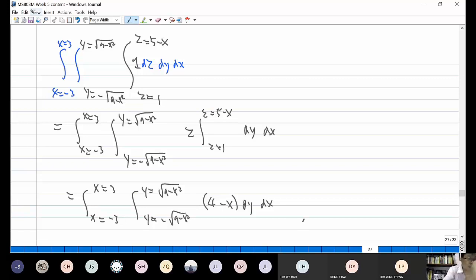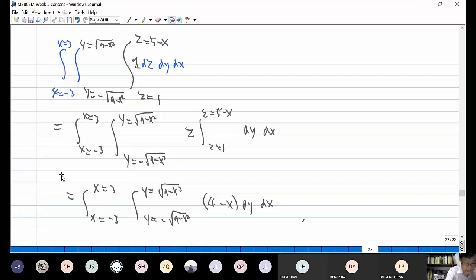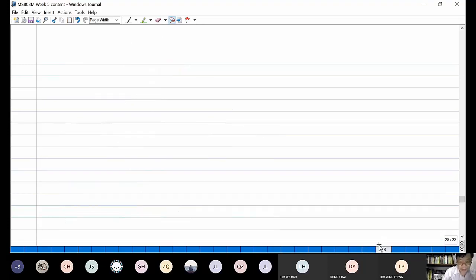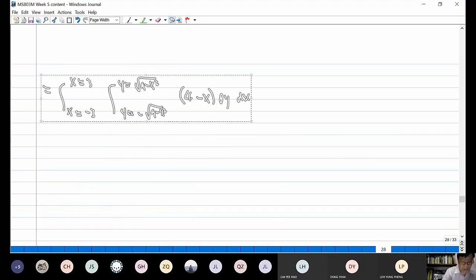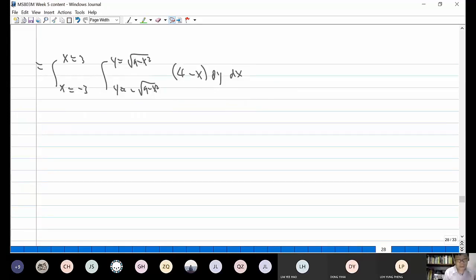This is the hard part already. So integrate 4 minus x with respect to y. Okay, 4 minus x with respect to y.